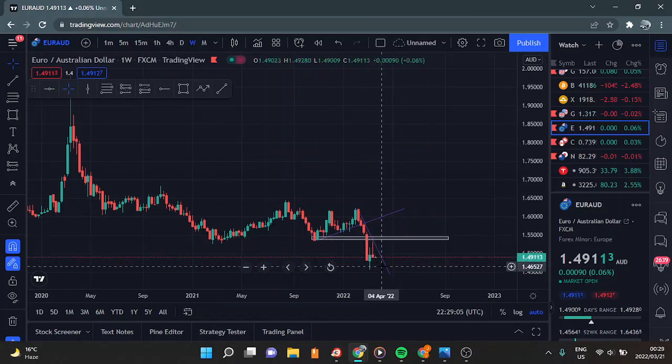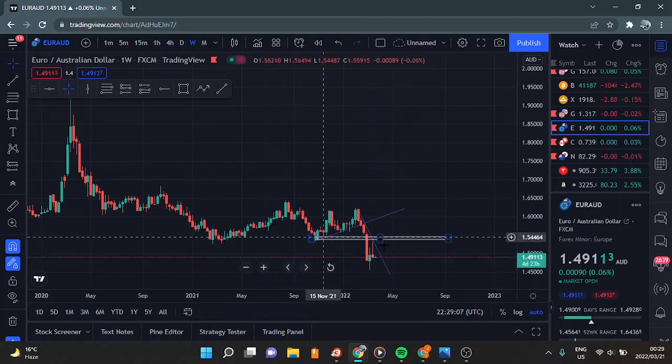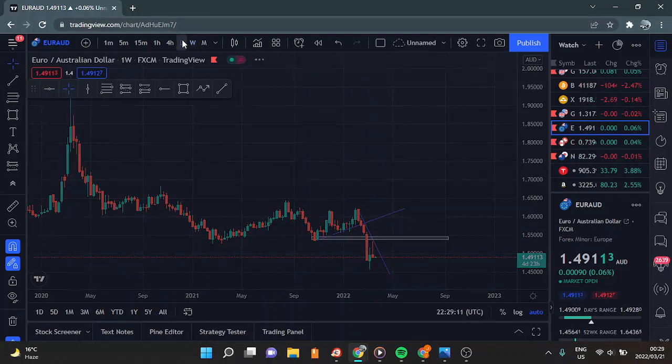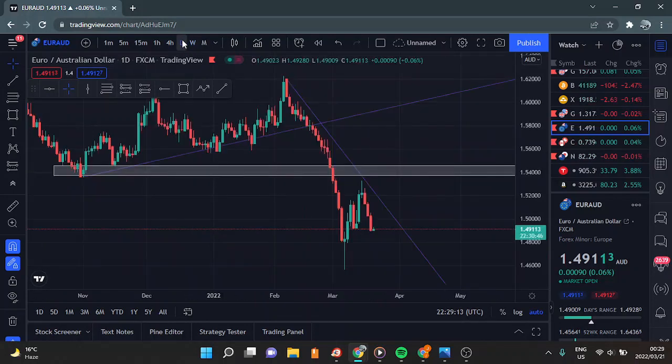The market is going to push to the downside, and it's on a higher time frame. The higher the time frame, the more the analysis is true, and the lower the time frame, the more the analysis can be false.